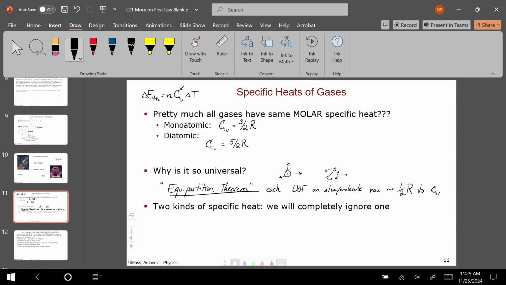Now, what's really interesting is that for solids, like crystals, so I'll draw a square crystal here of 8 atoms.